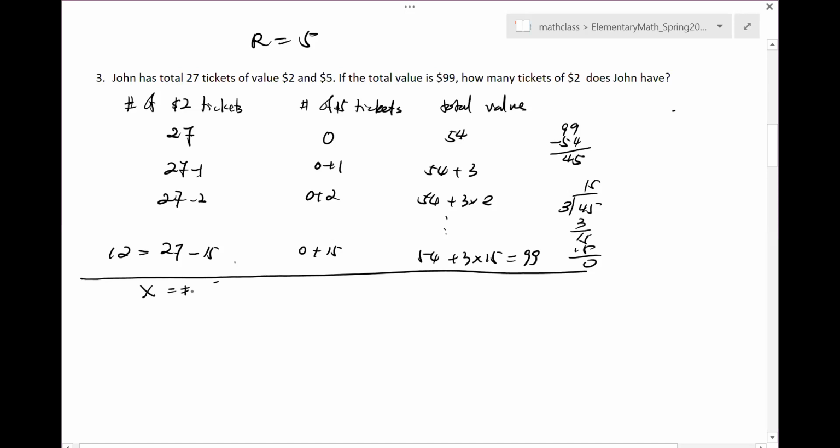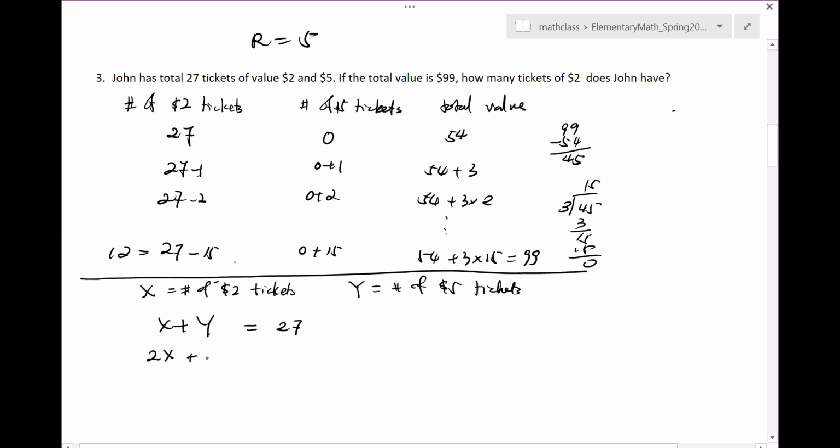This is the number of $2 tickets, okay? And then Y is the number of $5 tickets. Okay, so X plus Y is going to be, right, total is 27. And every $2 ticket, the value will be 2X.